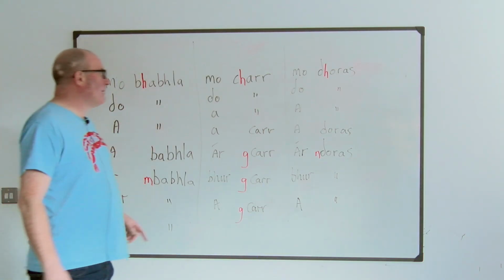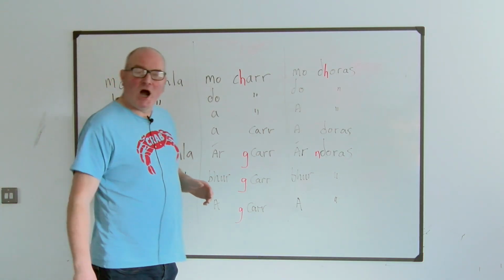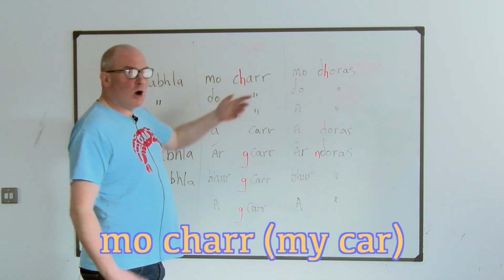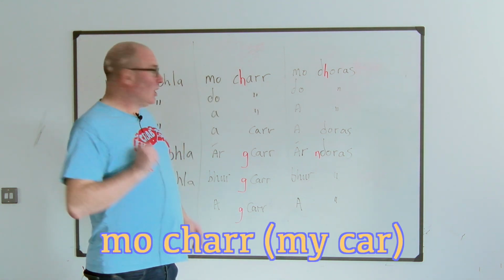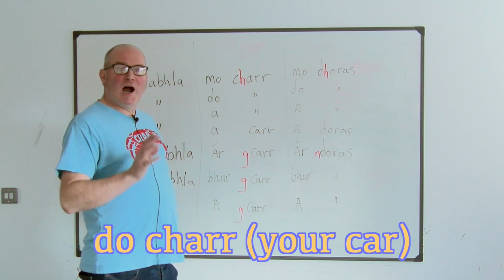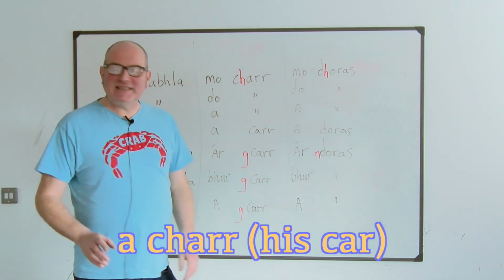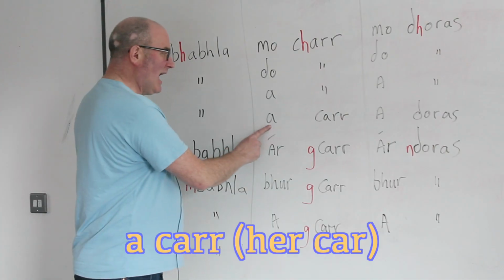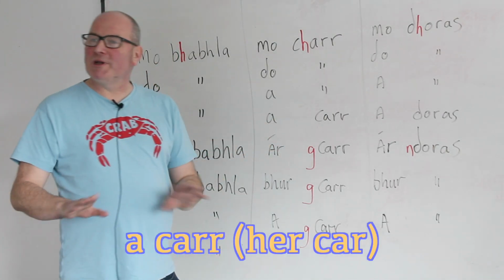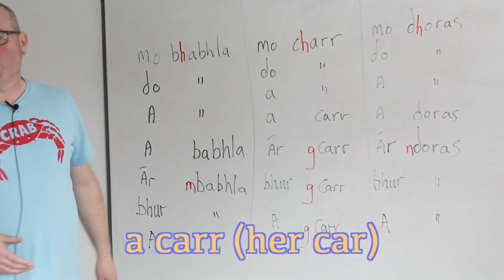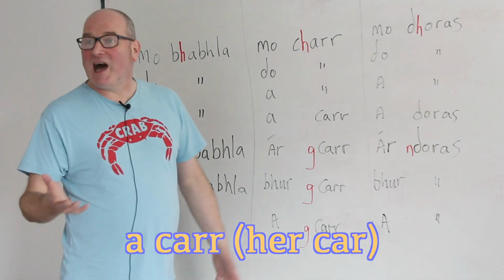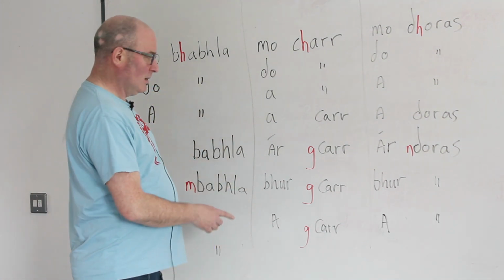And we can see this example again here. If we take the word car for car, mo char, my car, do char, your car, a char, his car, but a car. No aspiration, no séimhiú. That's how we know it's her car. Because if it was char, it would be his car.